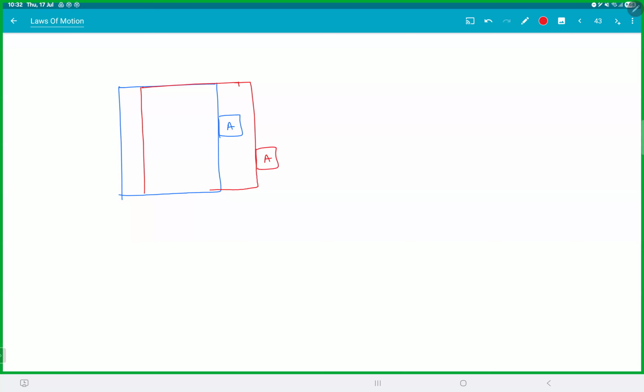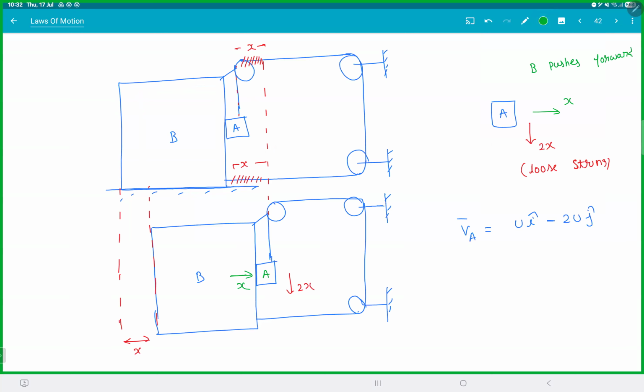Can you see how the motion of A is? A is going like this. So it's traveling forward by x and it is going down by 2u. Is this thing clear, everyone? It's again more of an intuition. You can just see and observe that.